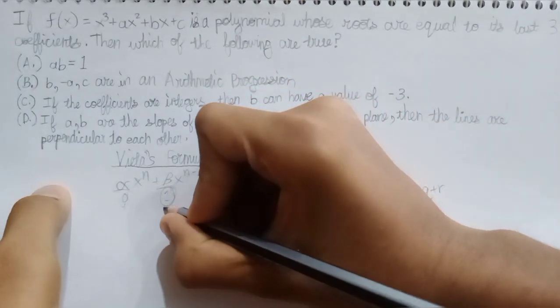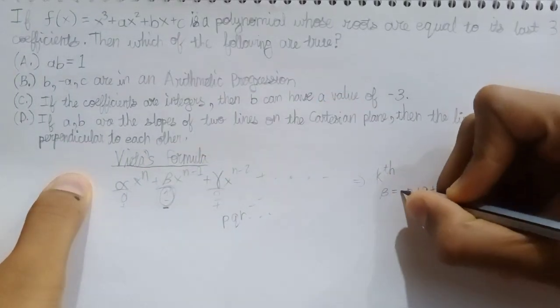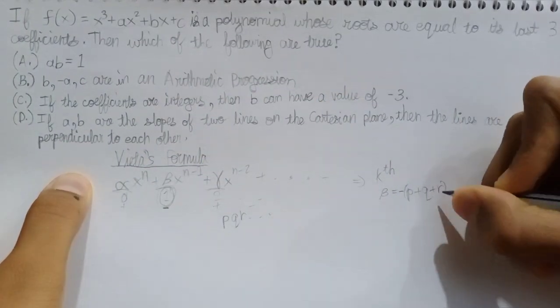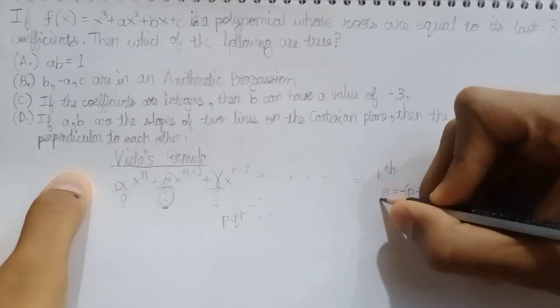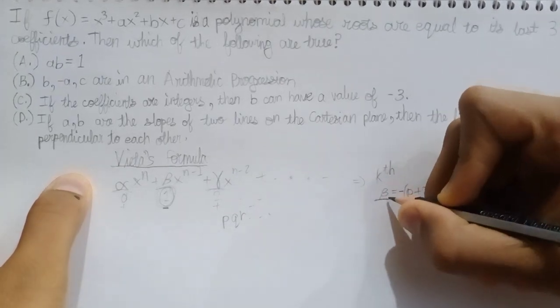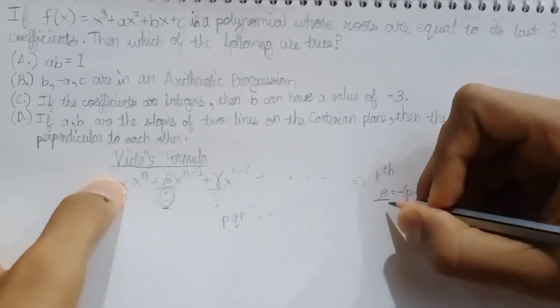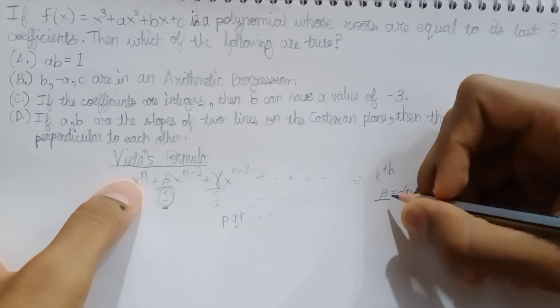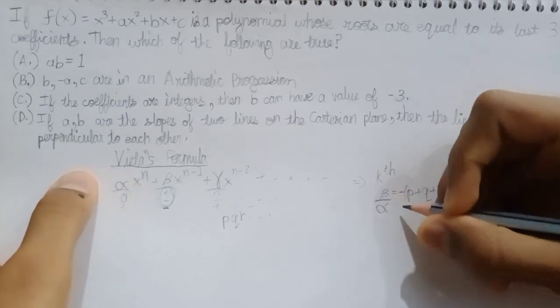Remember, we put the negative sign here. This means that beta will be equal to the negative of the sum. And it is not just beta. You can directly use beta when alpha is 1, that is, when the coefficient of the highest degree term is 1. But usually it'll be beta by alpha.